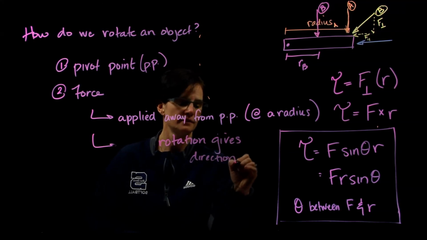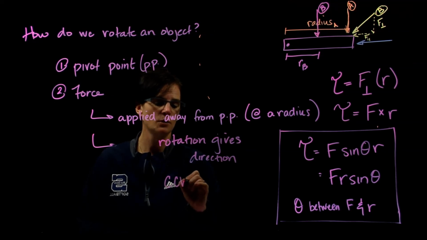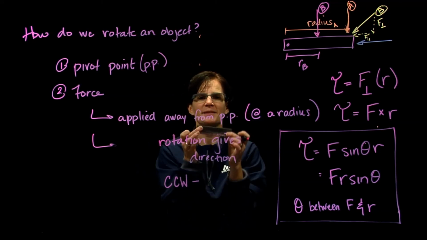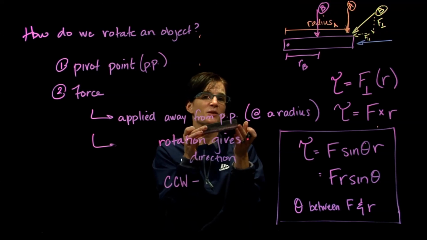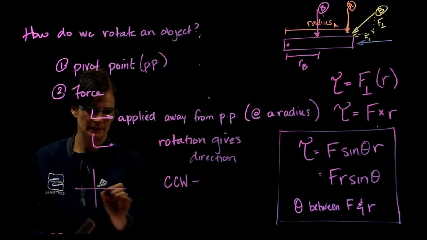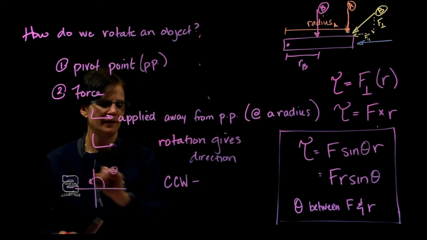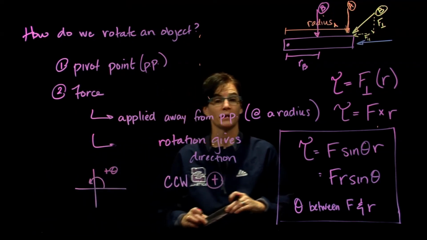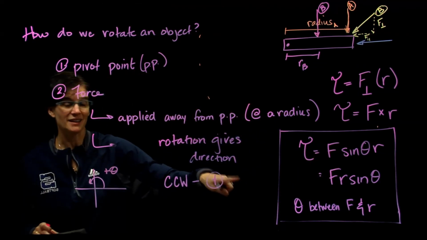If I rotate the object in a counterclockwise fashion, well, when we talked about angles in our angle analysis, those are positive angles, going from the positive x-axis in that direction. Counterclockwise exerts a positive torque. And if we do our angle correctly between the force and the radius, it'll come out as a positive angle.